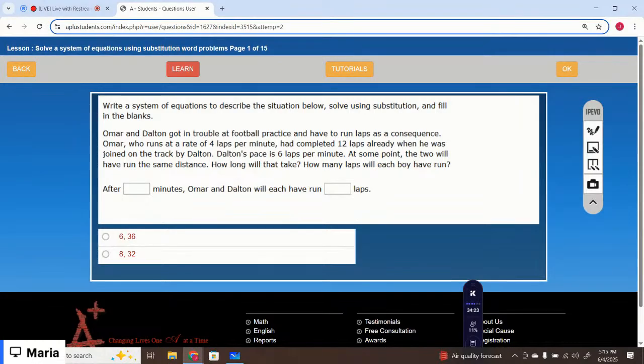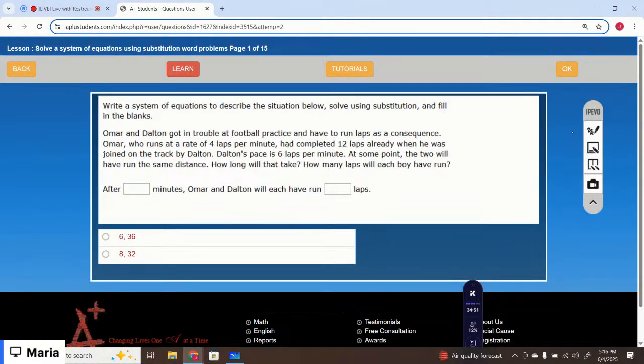So we need to write down the equations first and then solve them. Kunal, who runs at 4 laps per minute, had completed 12 already.